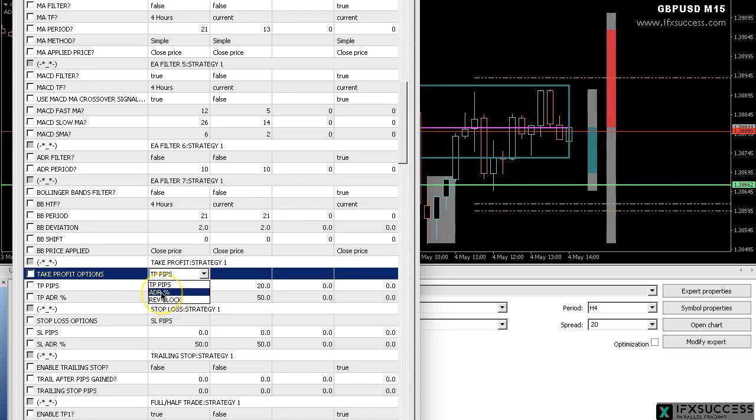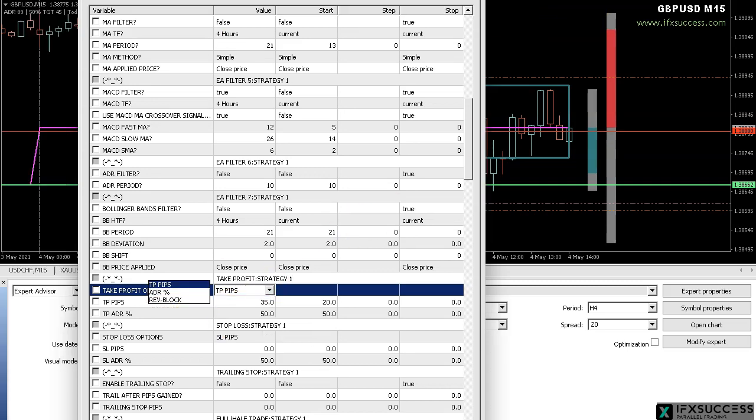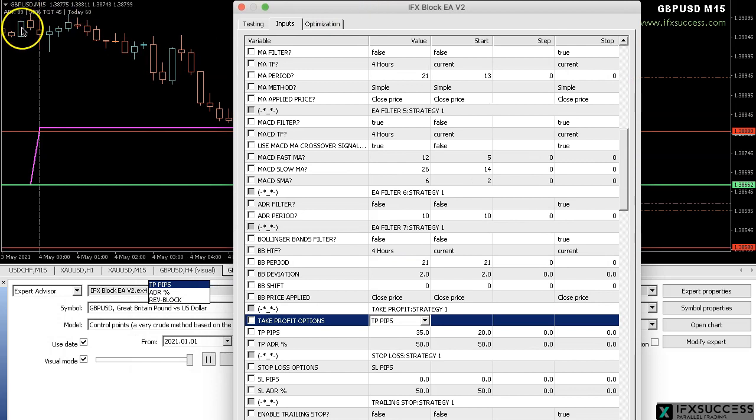Okay, ADR percentage, that is based on each pair, which, let's say pound dollar, the ADR is 89. So we can say, okay, this pair moves around 89 pips per day, right? So let's just target at least 50% of that ADR, which will be about 45 pips, right?